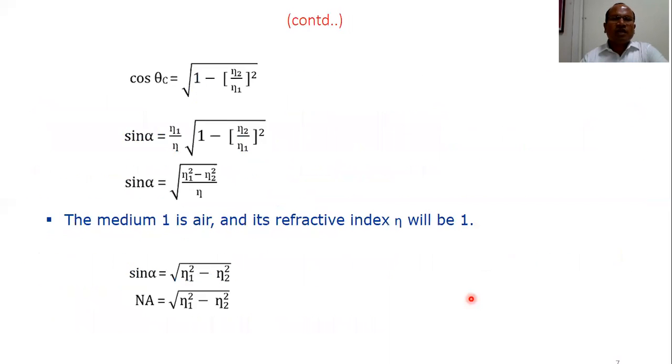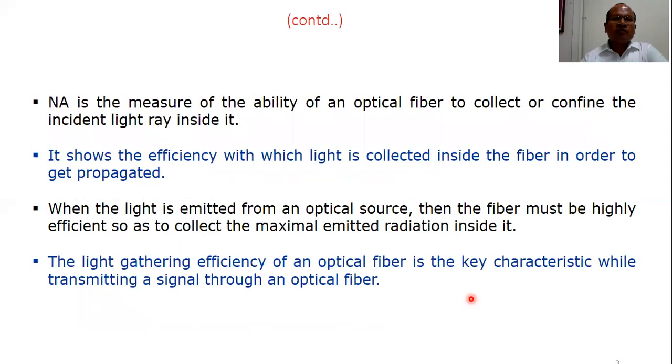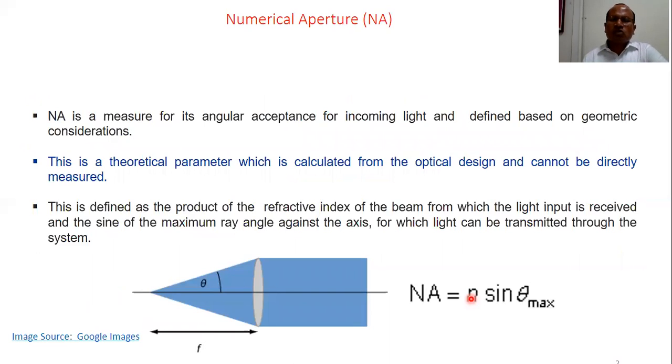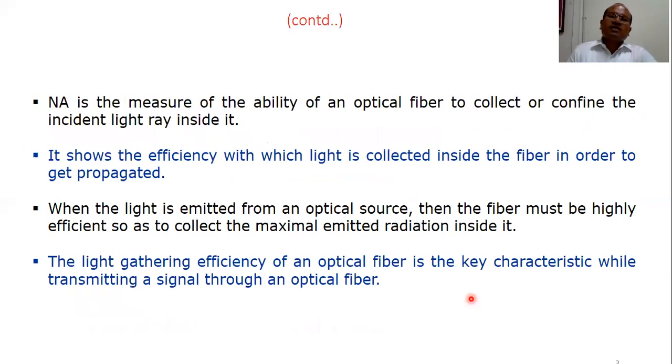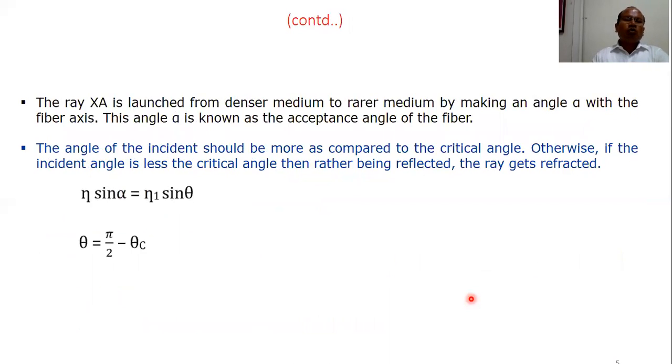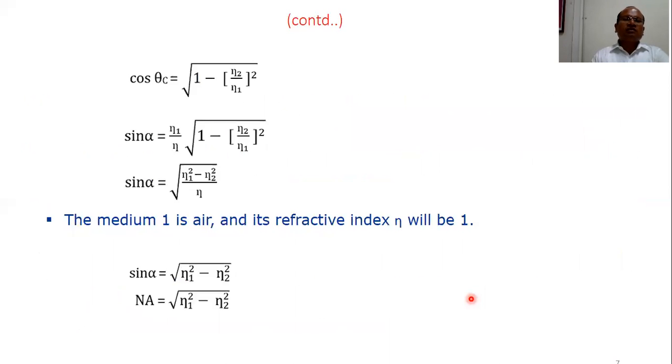So let us sum up the lecture. What have we done today? Today we have discussed numerical aperture and acceptance angle. Numerical aperture is defined as n sine theta a, where n is the refractive index of the medium from where the beam is entering. And we calculate numerical aperture as the square root of n1 square minus n2 square. Numerical aperture can be high when the difference between n1 and n2 is large.